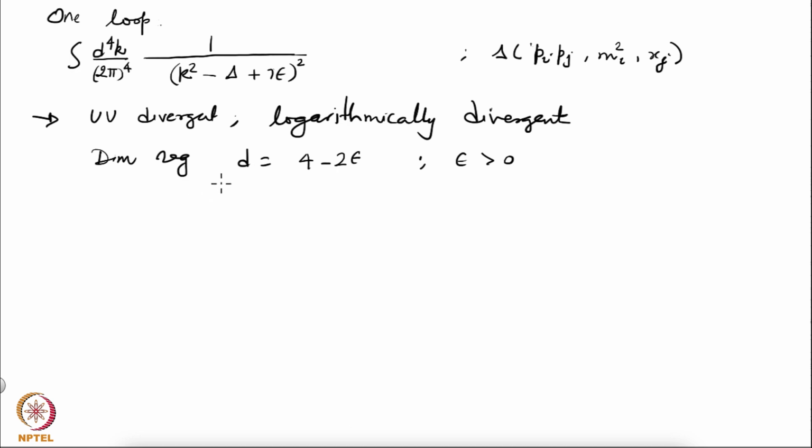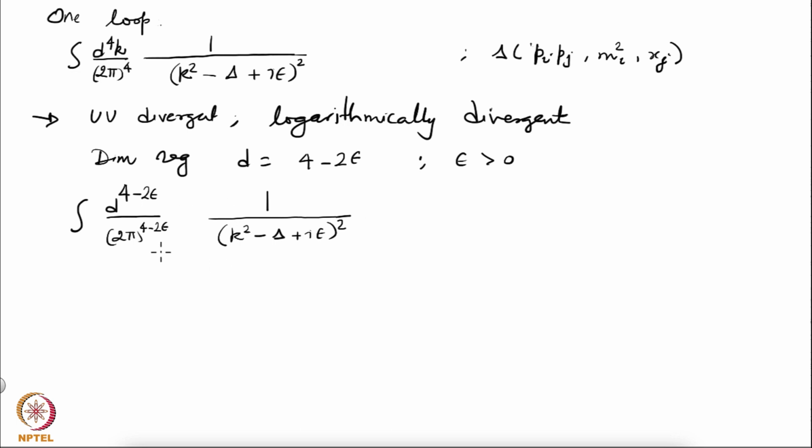So with this, your modified integral, or the regulated integral, becomes d to the 4 minus 2 epsilon k over 2 pi to the 4 minus 2 epsilon, 1 over k square minus delta plus i epsilon, squared. And now this integral is convergent because the number of dimensions is less than 4.